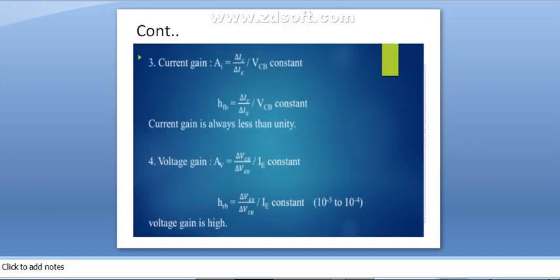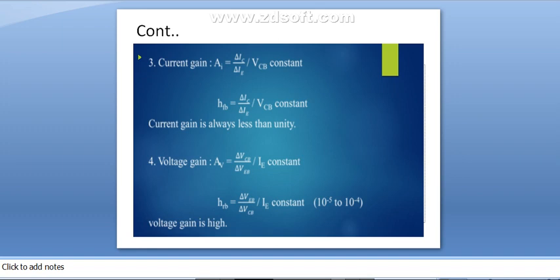Next one is current gain. Current gain is the ratio of change in output current to change in input current with VCB constant. It is denoted as HFB.